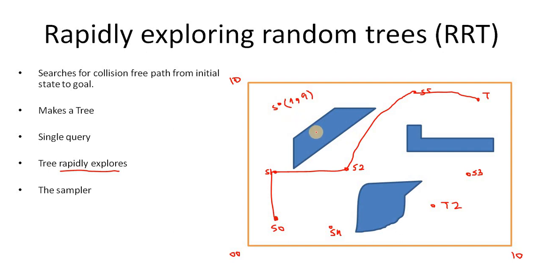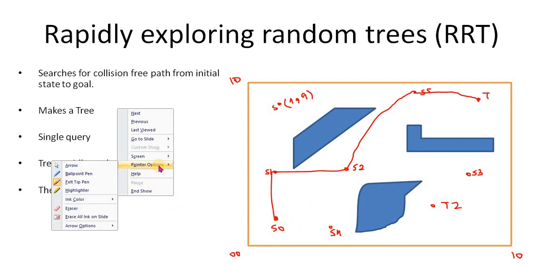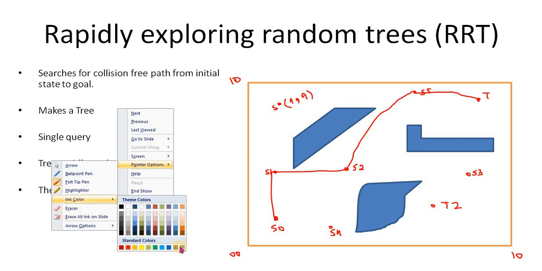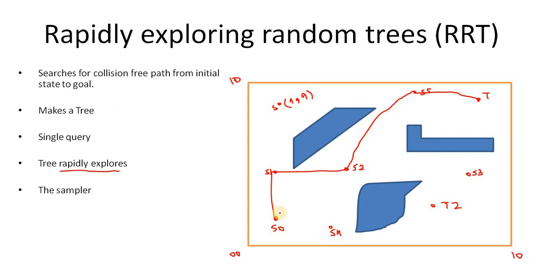For example, I know that if the goal is here and this is a straight line between goal and target, so I will sample. Okay, let me change the color. Let's make it black. So one method of deterministic sampling is I will sample here, like in a straight line toward the goal, or within a specific range of this.